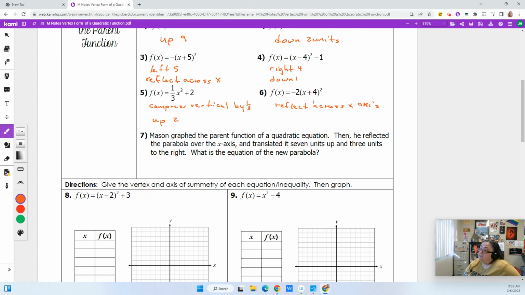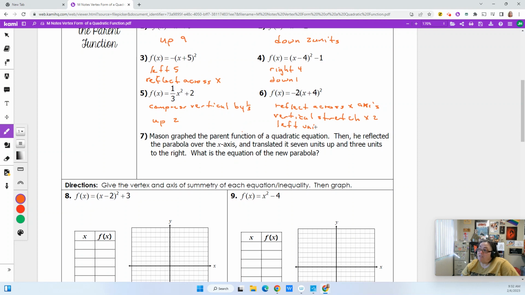It is going to stretch. You're going to have a vertical stretch times 2. Granted, it'll be going down, but it'll stretch really fast compared to the parent function. And then we would move to the left 4 units.